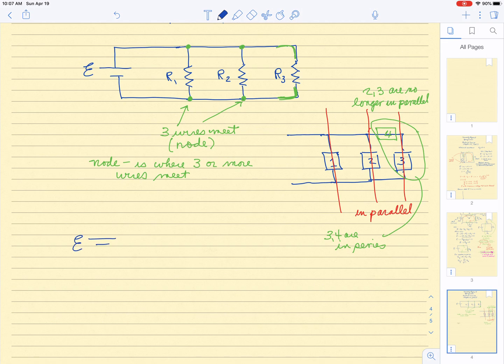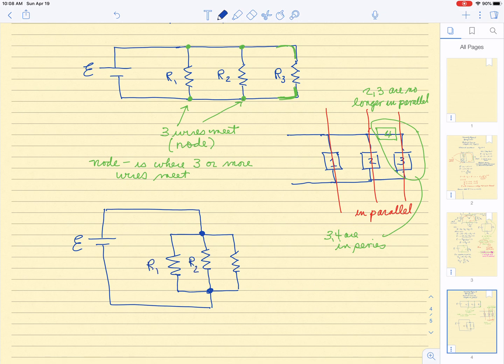So again, here's our EMF, and we're going to have resistor 1, resistor 2, and resistor 3. And again, we have here 2 nodes, R1, R2, and R3.